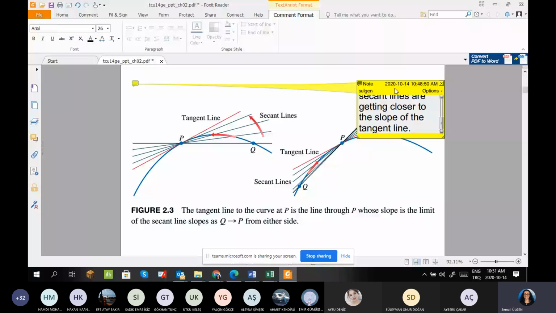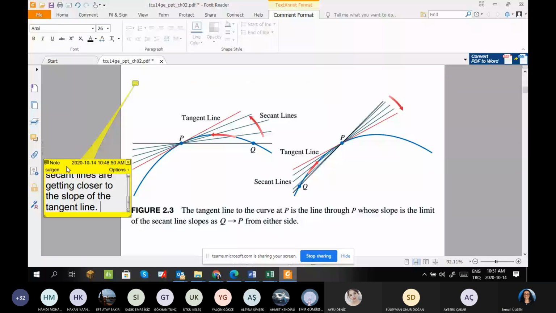So let's get this picture here. You can also see it from a different perspective. Instead of Q coming from the right, you can see Q coming from the left as well. Still, the slopes of the secant lines are getting close to the slope of the tangent line.